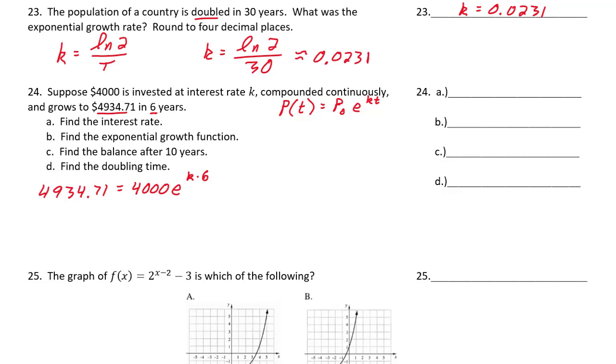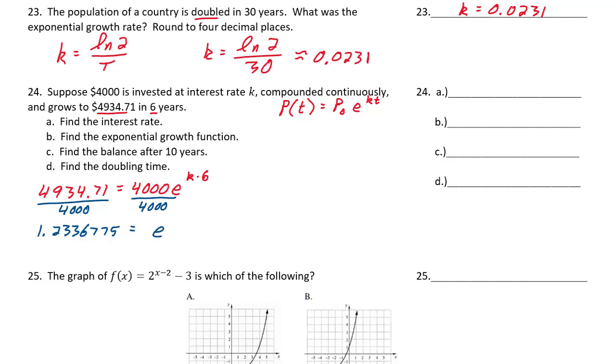So if I go through and just do my steps here, it's going to be divide by 4,000 first. Which, 4,934.71 divided by 4,000 turns into, for me, a 1.2. I'm just going to list out as many decimals as possible to stay as accurate as possible.